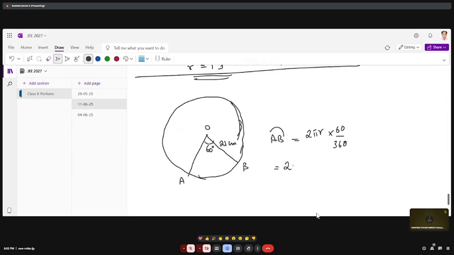Okay. 2 pi r is 21 into 60 by 360. So if the angle is given, you take that proportion, angle by 360, of the total circumference. That's all you have to do. So 2 into 22 by 7 into 21, into 1 by 6, right? 60 by 360 is 1 by 6.